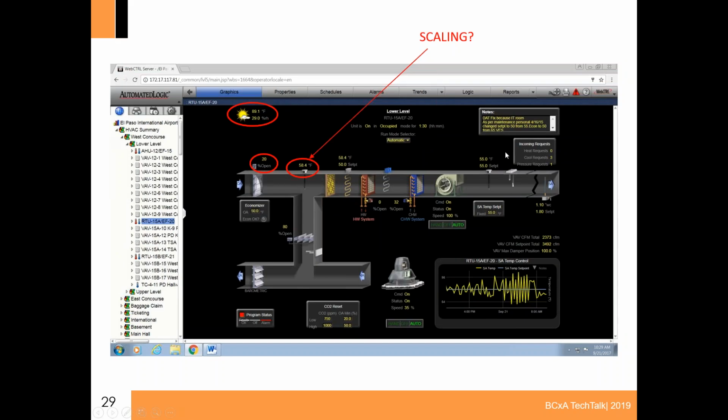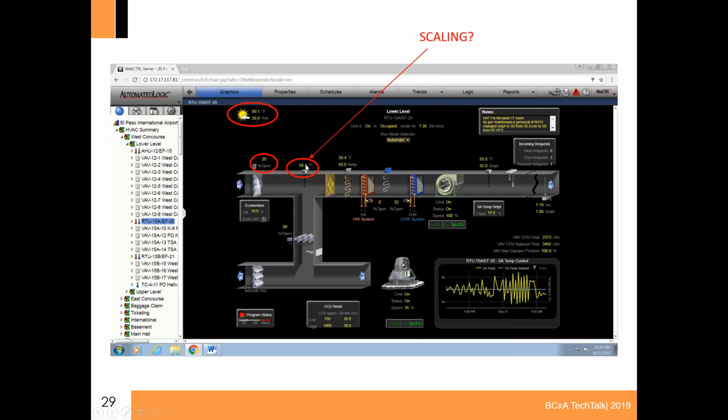This is another project, I think, in El Paso. This has a CO2 sensor, and the CO2 sensor is supposed to open the outside air dampers between 20 and 50% based on the CO2 level. And where is the CO2 level? What's going on here? Oh, okay.